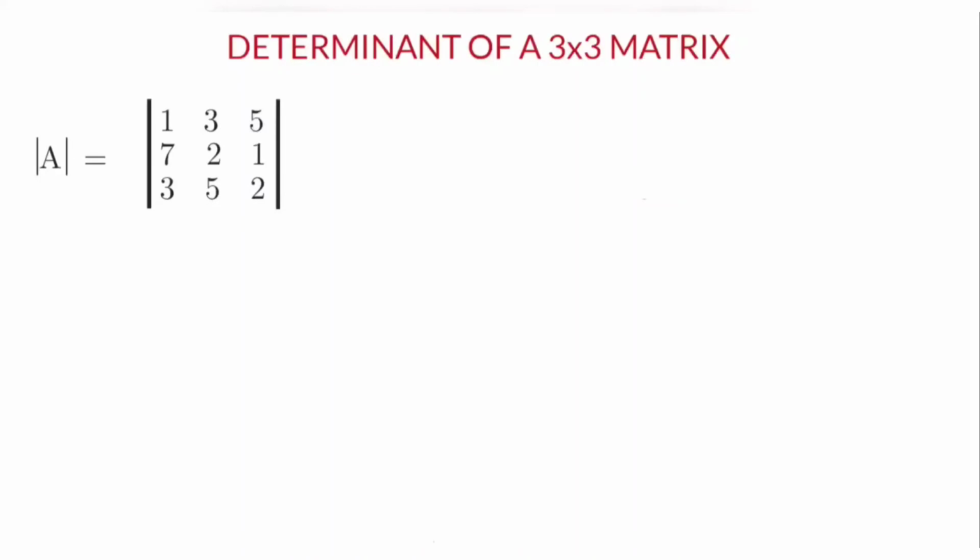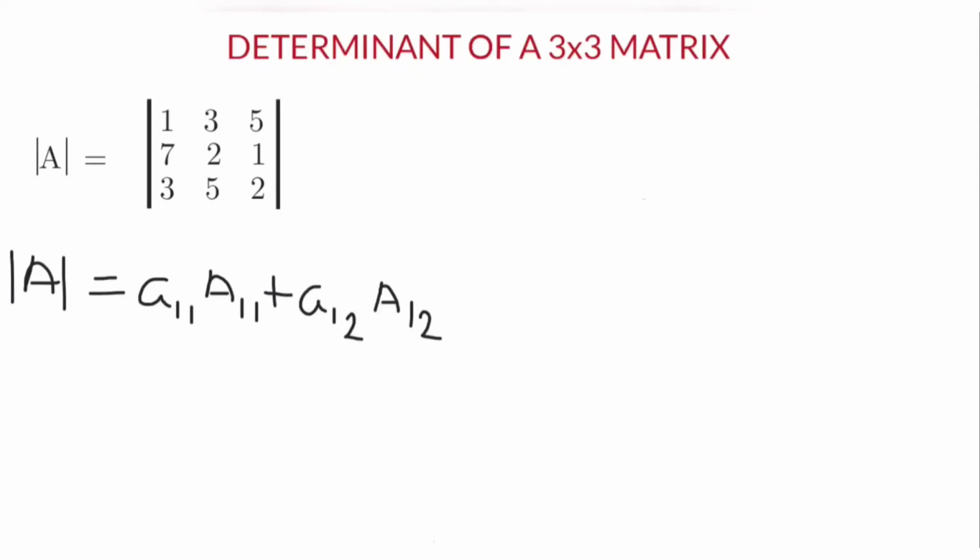So the actual formula is: the determinant of matrix A is given by A11 times capital A11, plus A12 times capital A12, plus A13 times capital A13.